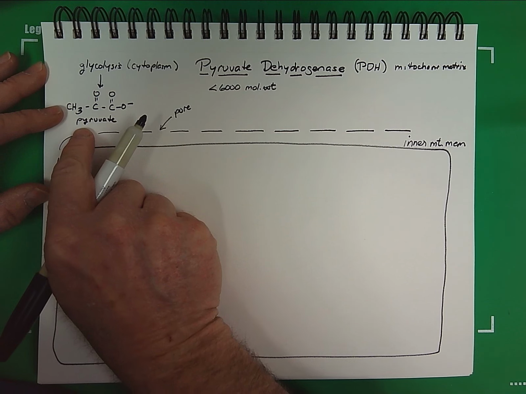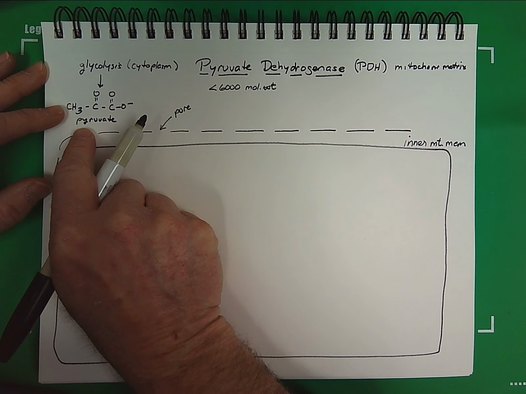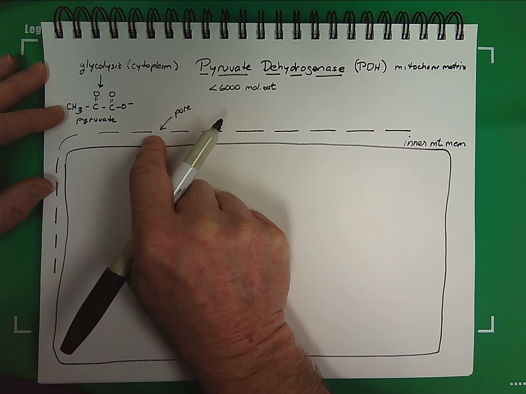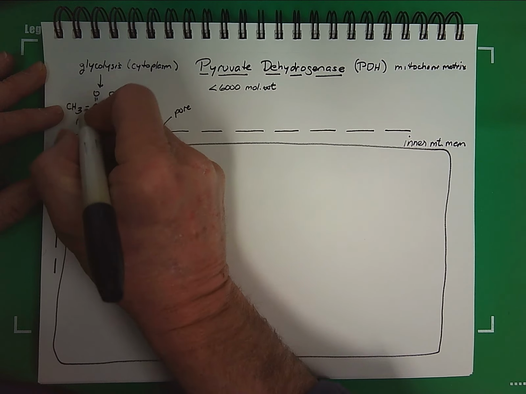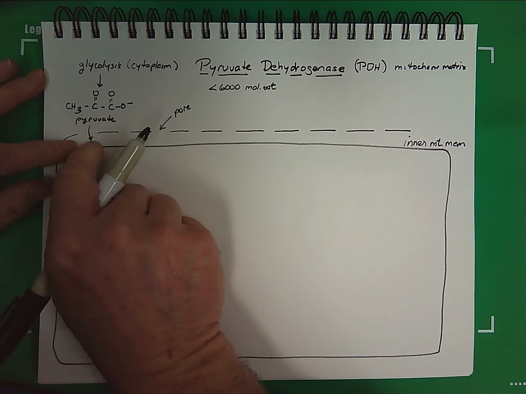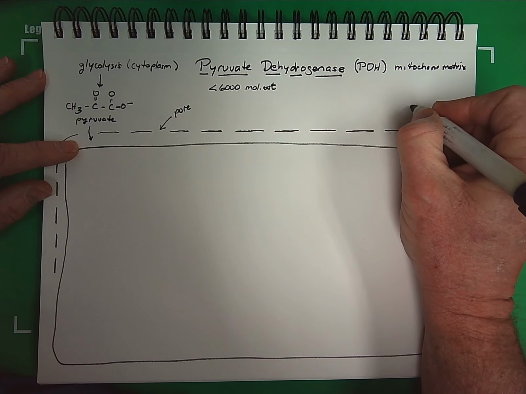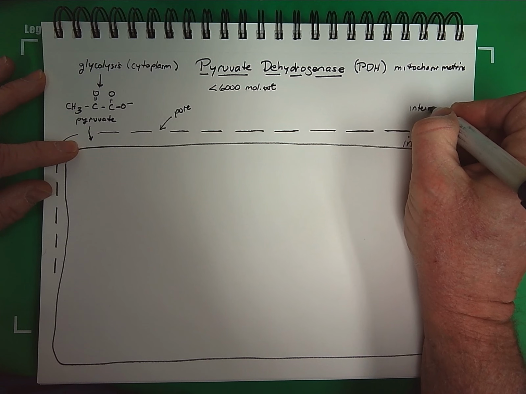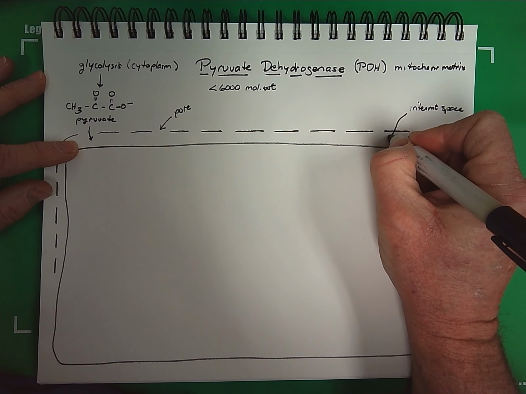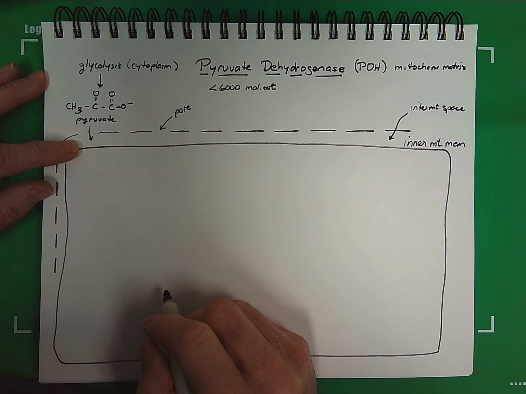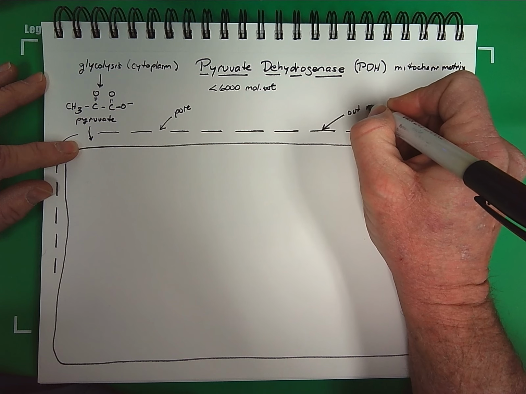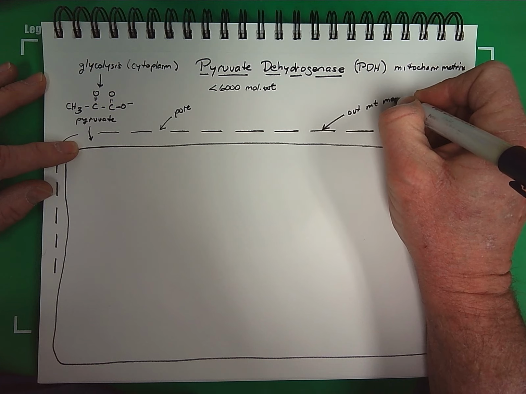Now, if we were to calculate the molecular weight of pyruvate, we would see that it is very much smaller than this cutoff size to pass the pore. So the passage of pyruvate into the inner mitochondrial space is unimpeded. This, of course, would be the outer mitochondrial membrane.